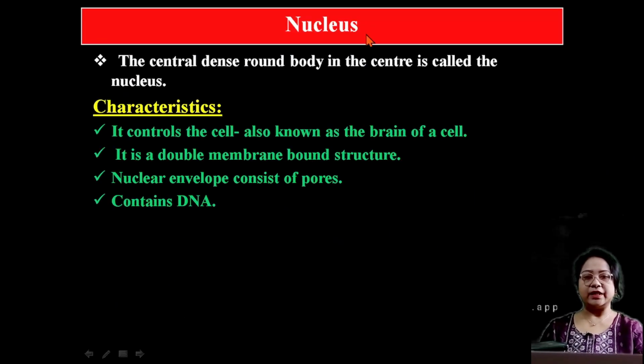So as we already studied in the previous video, nucleus is what? It is the central dense round body, and as we have seen, inside the cell is the nucleus.